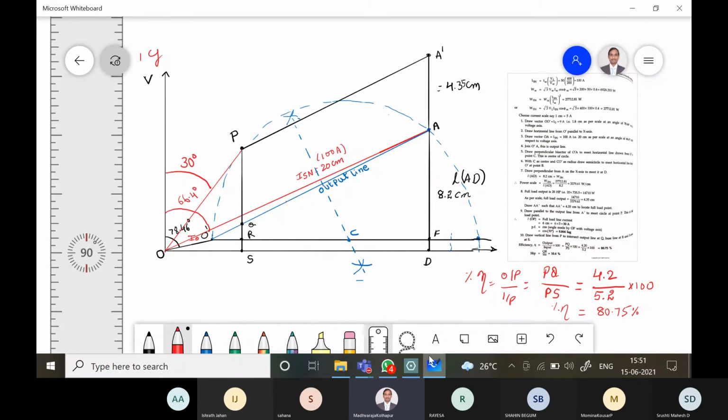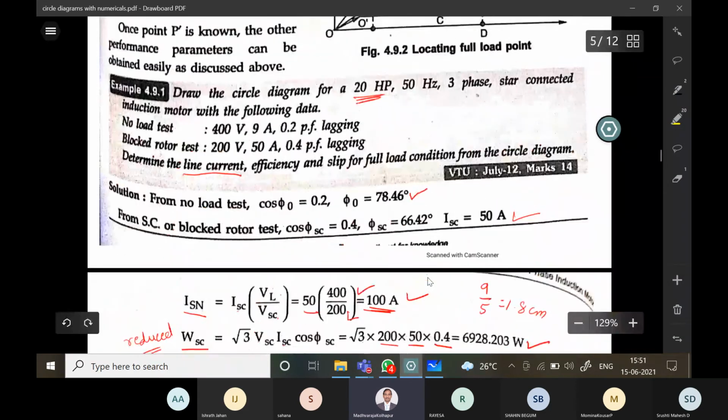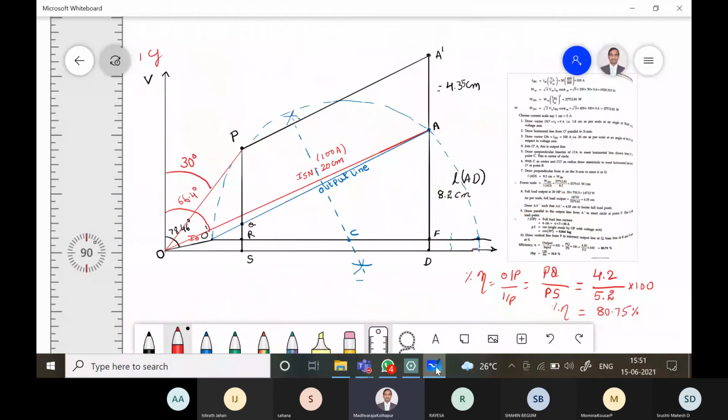Okay, now if you got this 80.75%, then the second one, efficiency, is calculated. Now we need to calculate slip at full load condition. So what is the formula for the slip? The formula for the slip is rotor copper losses by rotor input.